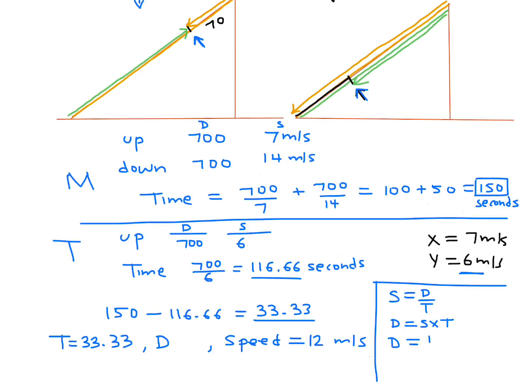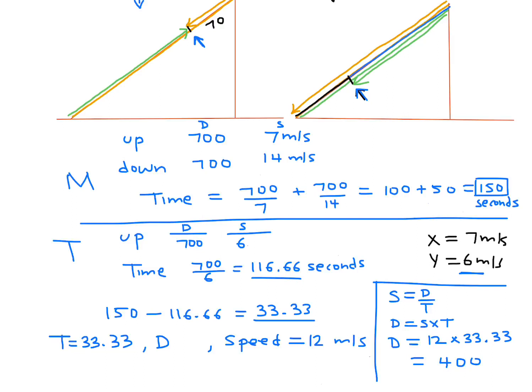So distance in this case, speed is 12 meters per second, time is 33.33 seconds. So this equals 400. So that means from here to here is 400 for him, for Tony.